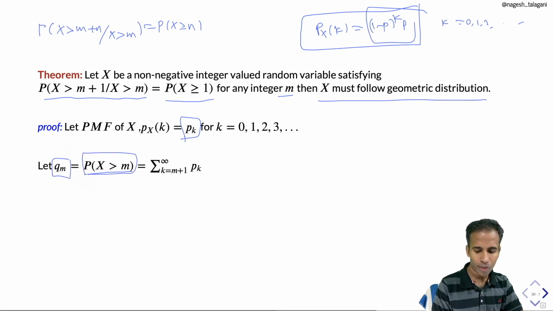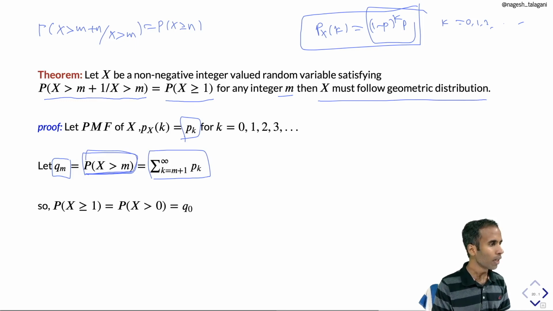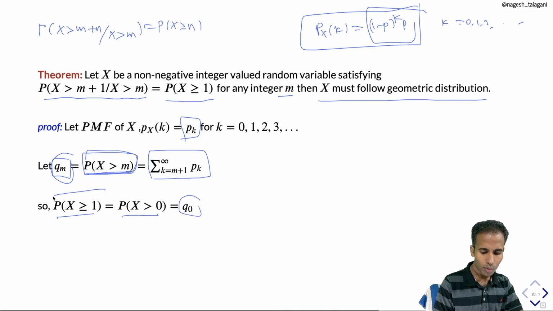We can write this in terms of the PMF p_k like this: summation k equal to m plus 1 to infinity of p_k. Then in terms of these q_m's, the probability of X greater than or equal to 1 means probability of X bigger than 0, which in this notation must be q_0.